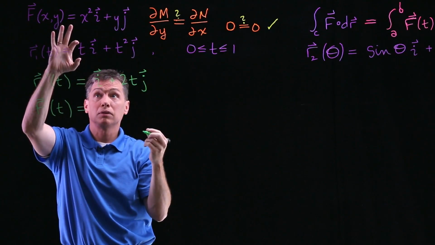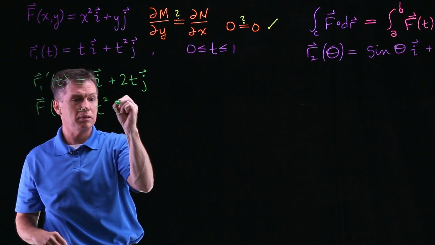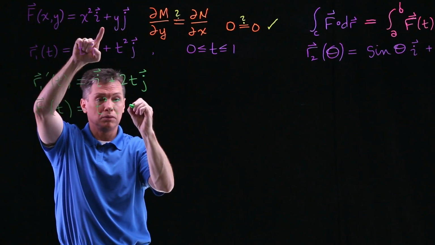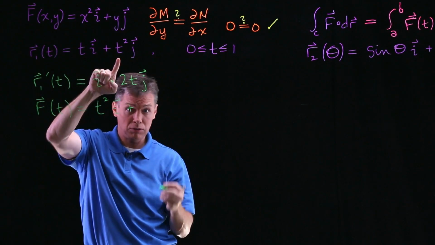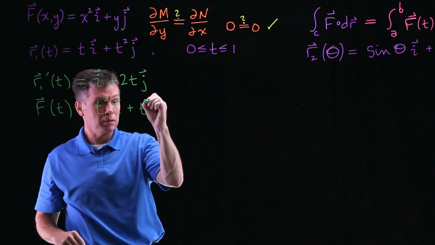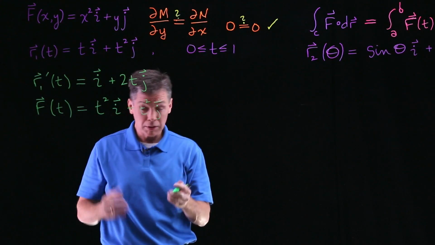This is x, so t squared i vector, plus from our f function, the y, I'm putting in this t squared component, and that's times j vector. And then we're ready for the integral.